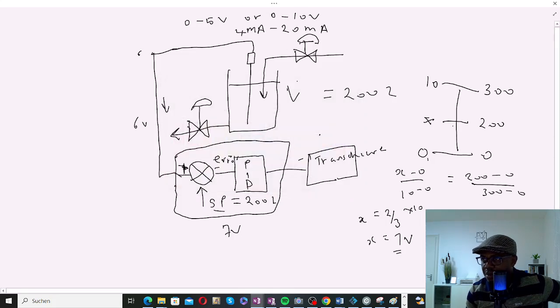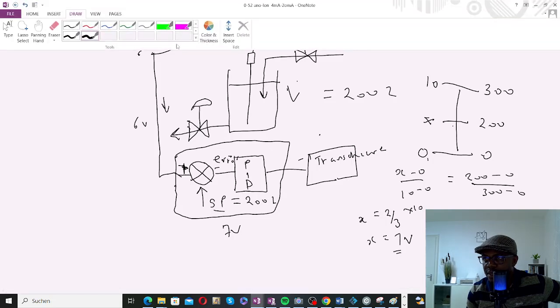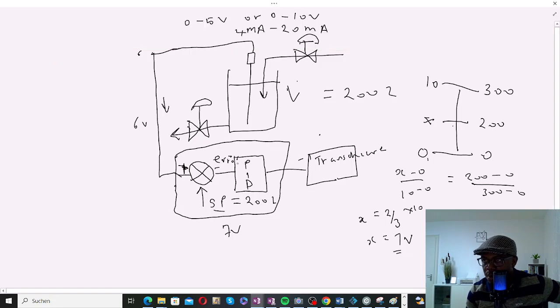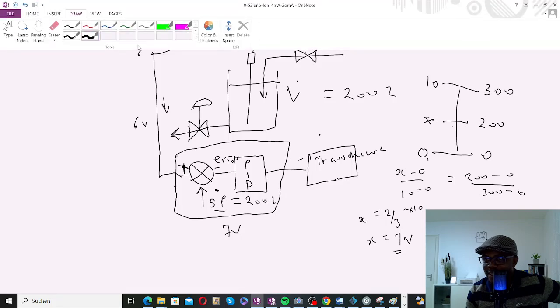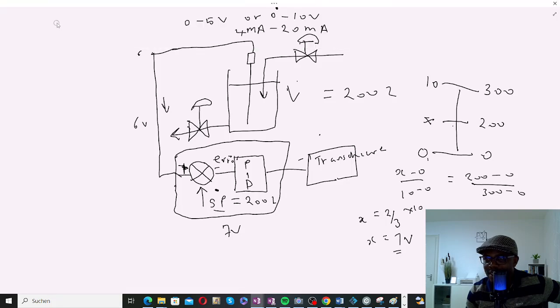Now, so we have a transducer. Let me erase the spelling of transducer. Sorry, I'm still getting used to writing on the screen.